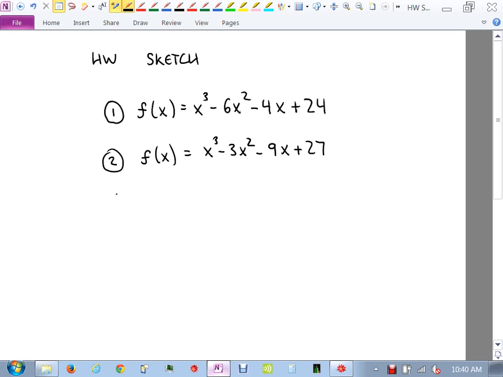Third one. This one you might have some issues with, but we'll see. X to the fourth minus 25x squared. So we haven't done a fourth power, right?